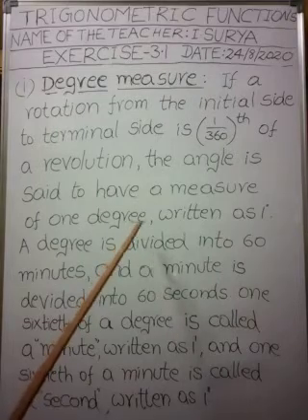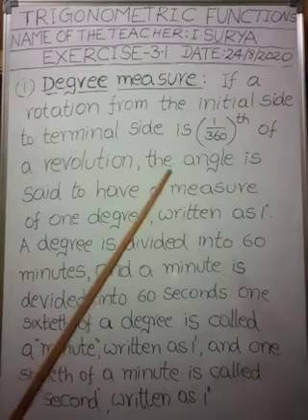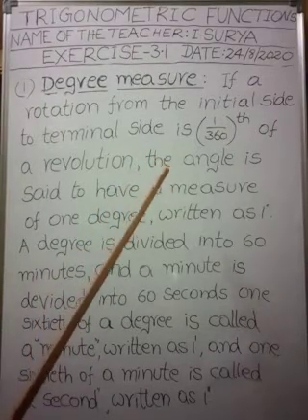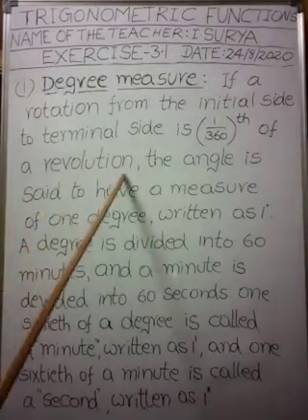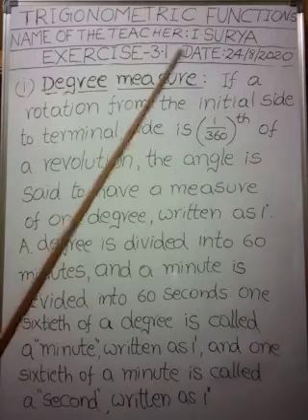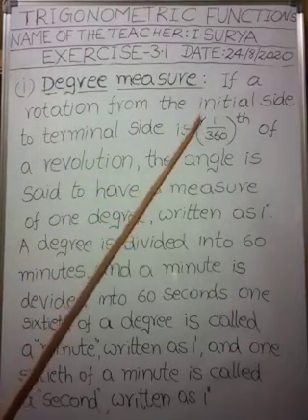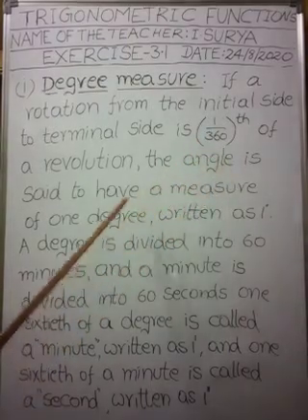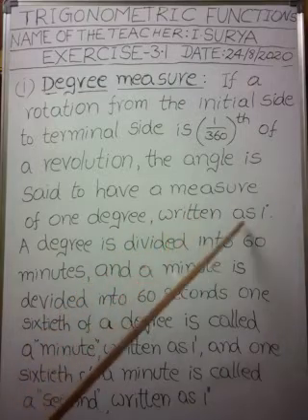Revolution means the initial side and the terminal side coincide after one complete rotation. Then the amount of rotation is divided into 360 equal parts and one part is said to be 1 degree, written as 1°.